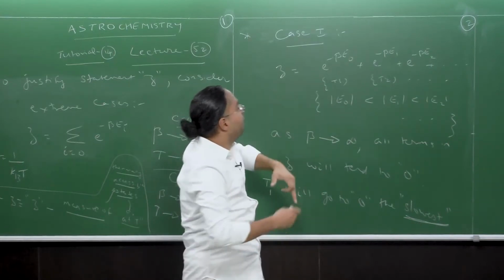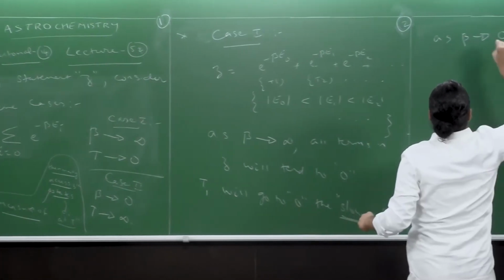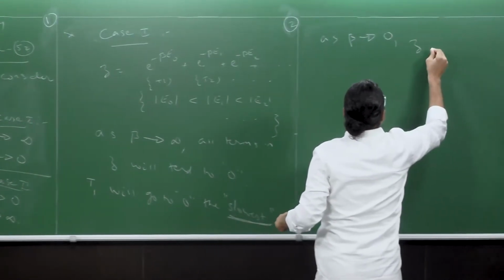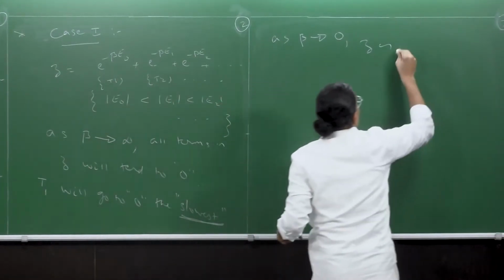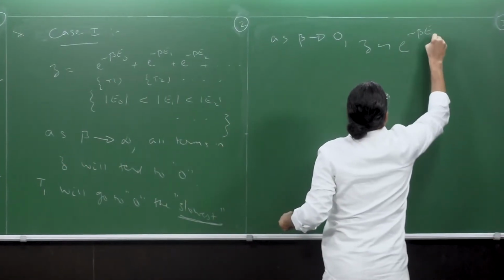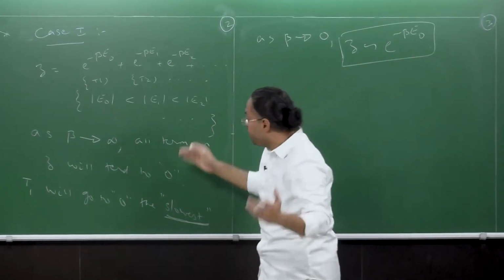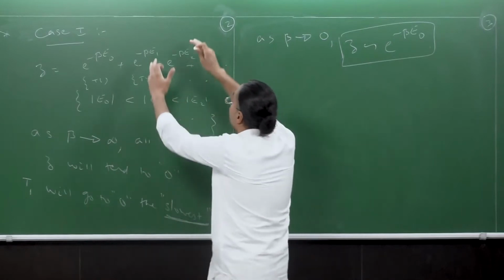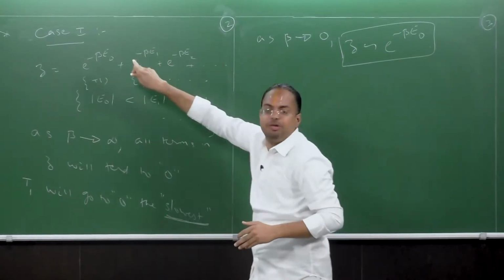So effectively, as beta tends to infinity, my Z can be approximated as only this term, e to the power minus beta E naught. Of course every term will approach 0, but the rest approach 0 faster than the first term. Therefore, only T1 is going to survive.